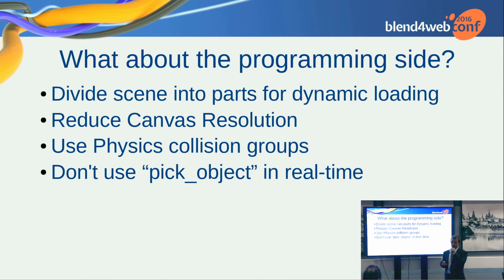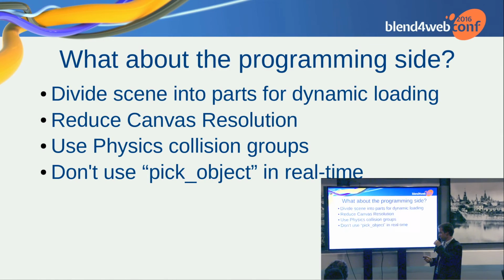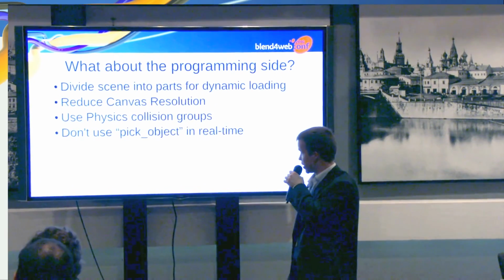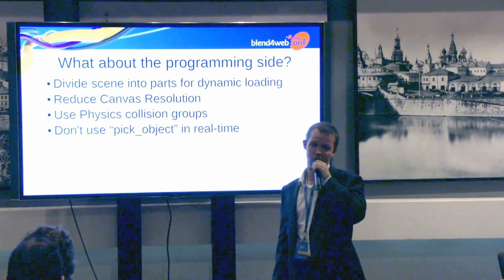The first thing that comes to mind is to use the pick object method from our API. But this is a really, really bad idea. Why? Because it forces the GPU to send information back to the CPU. It is a killer feature. So what I suggest instead of pick object is to use physics.